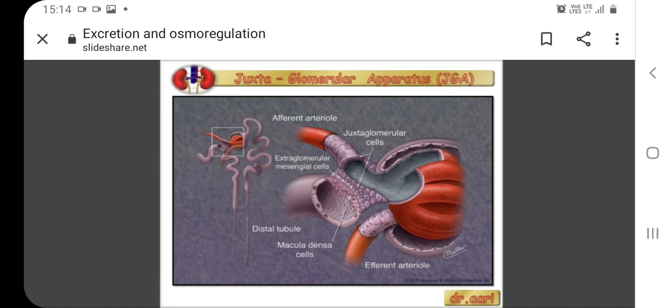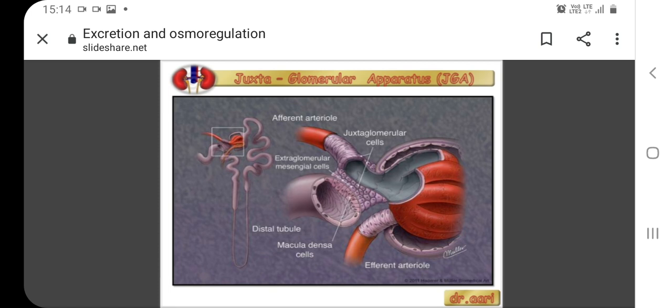Additionally, the loop of Henle invades the renal medulla, which is at high salt concentration and tends to absorb water from the renal tubule and concentrate the filtrate.